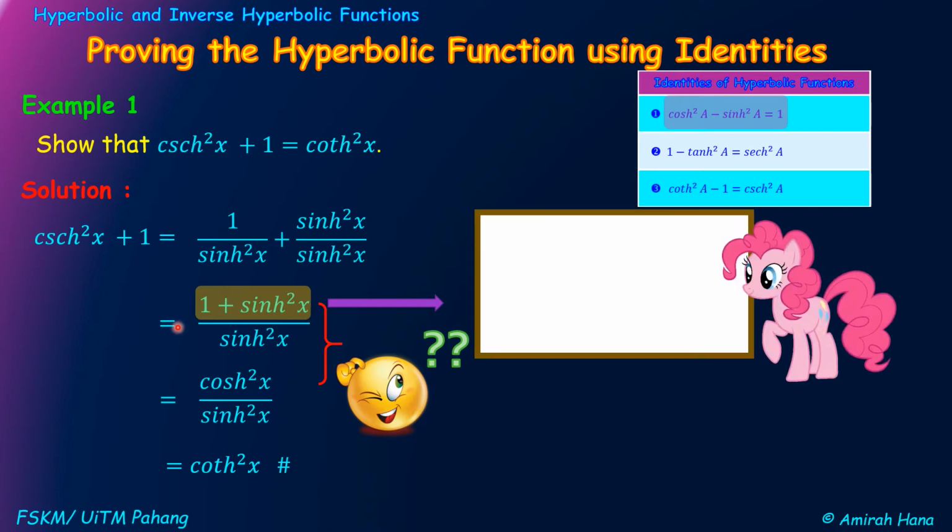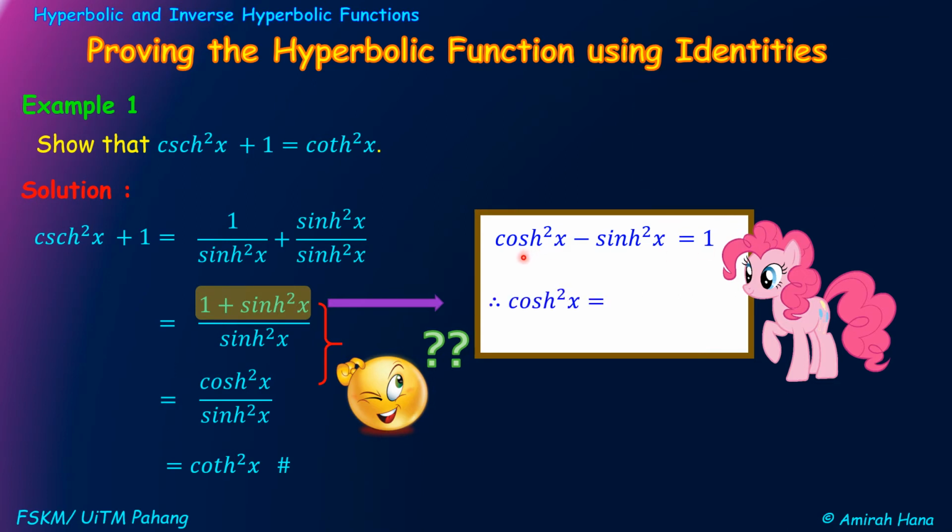Since we have variable x here, we start with cos squared x minus sin squared x equals 1. To write in terms of 1 plus sin squared x, we move minus sin squared x to the right hand side. So left hand side, we get cos squared x, and then equals, after we move minus sin squared x to the right hand side, 1 plus sin squared x.